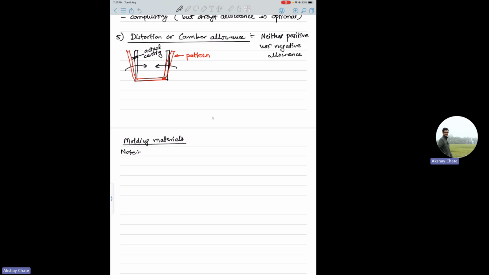And on an average, 1 ton of casting may require 4 to 5 tons of molding sand. Okay, so that is an average estimate. This range can be from 10:1 to 0.25:1. Why am I showing it like this? Like 0.25:1 to 10:1.